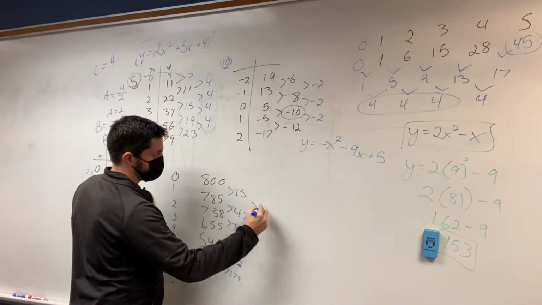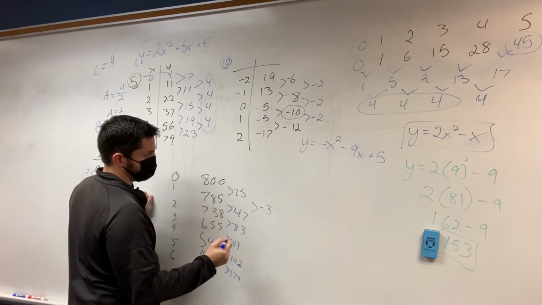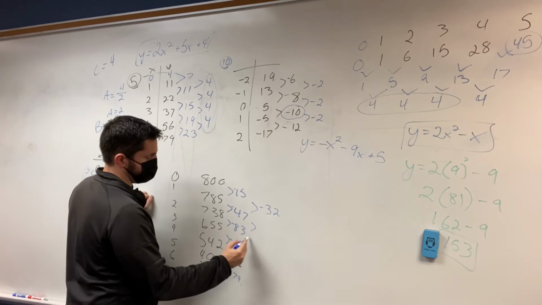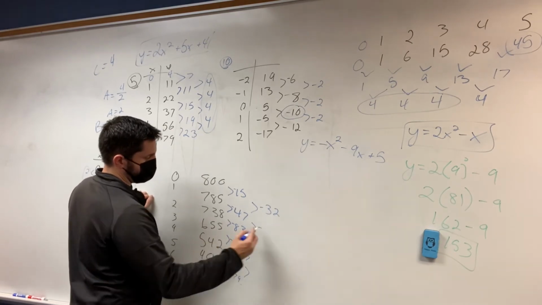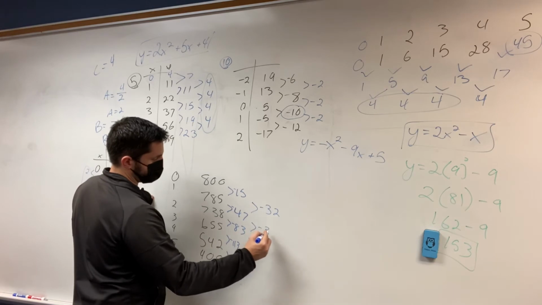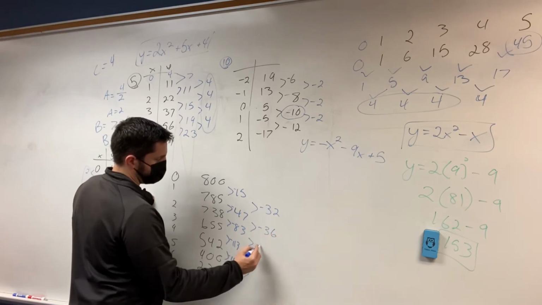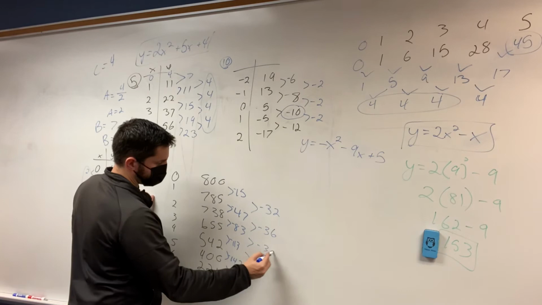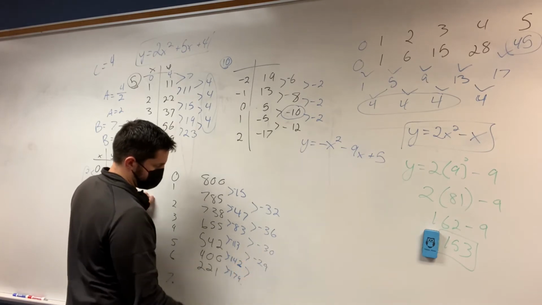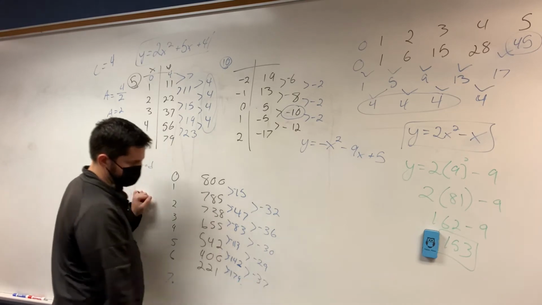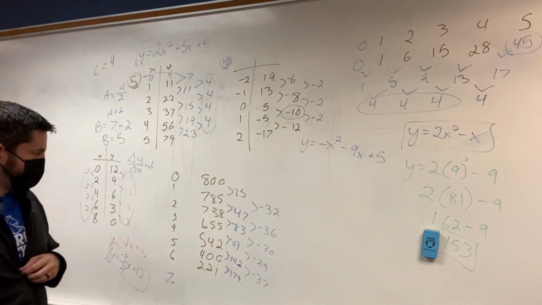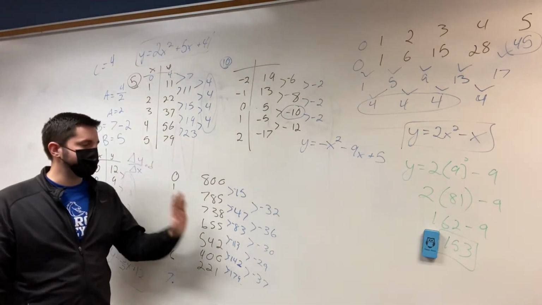Negative 15 to negative 30, what? Negative 32, and keep it going. Negative 30. Negative 29. And then negative 37? Okay. So, it's not a perfect quadratic.